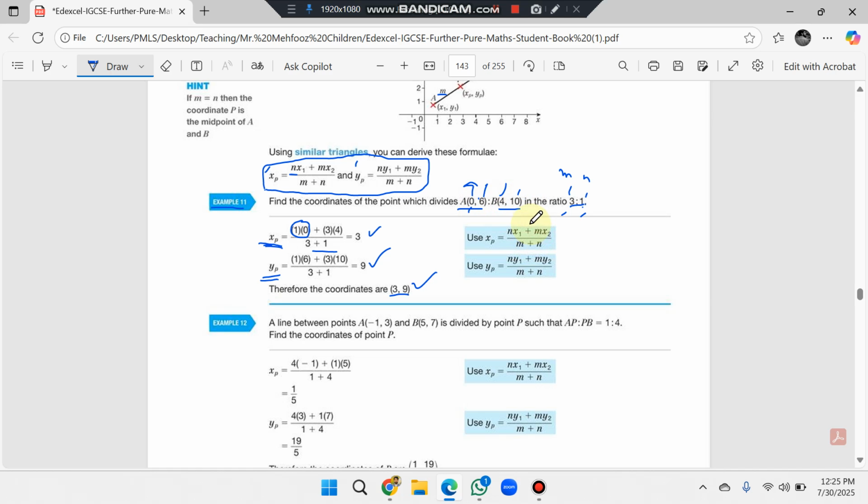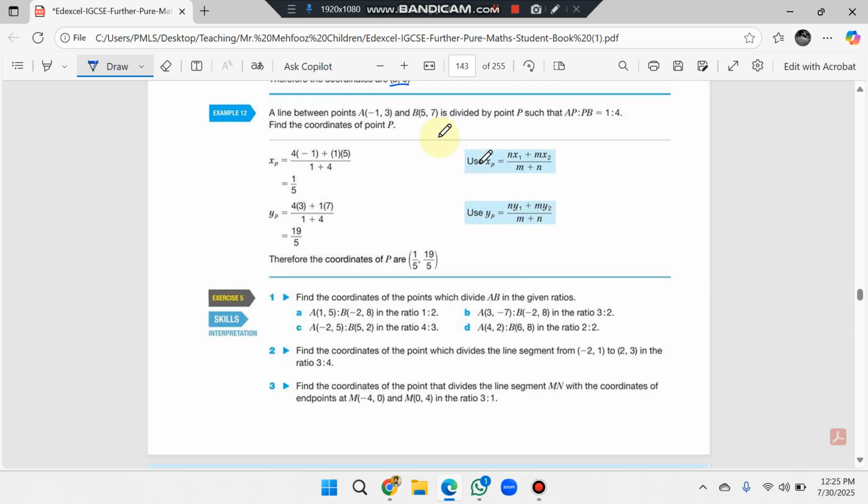Any problem in this example? No. Okay, next one is again a line between points A(-1, 3) and B(5, 7), divided by the point P such that AP to PB is in the ratio 1:4.